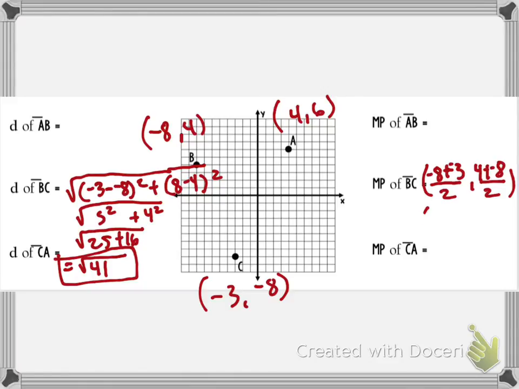That gives me -11 over 2 and -4 over 2, which is -5.5, comma, -2. So that means we're at -5.5, comma, -2 right here. So this red dot is the middle between B and C.